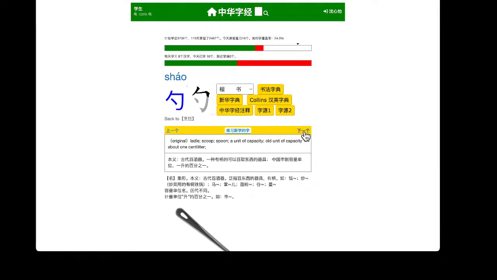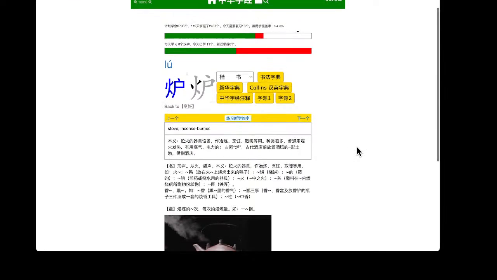So this is 勺. Next one, 炉. 炉 is stove, a device for keeping a fire burning. In ancient times, remember that fire was very important for heat and for light, so a lot of times there was a need to keep the fire burning all the time so it could be used anytime you needed it.